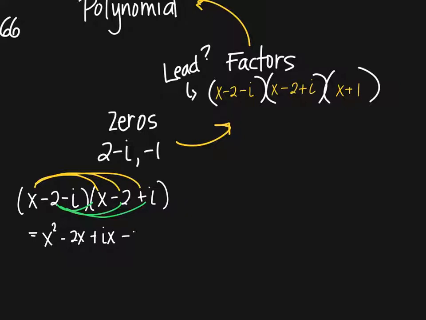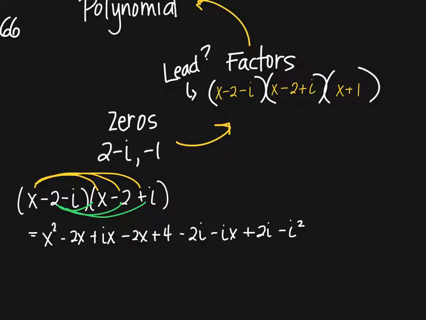That's going to give me negative 2x plus 4 minus 2i. But I still have 3 more to go. And what happened on people's quizzes and stuff, like they would only have 7 terms. And it's like, shoot, if you would have counted, you would have realized you were missing some. So I still am missing the last 3. And so the last 3 would be minus ix plus 2i and minus i squared.